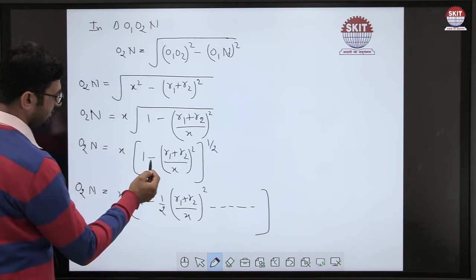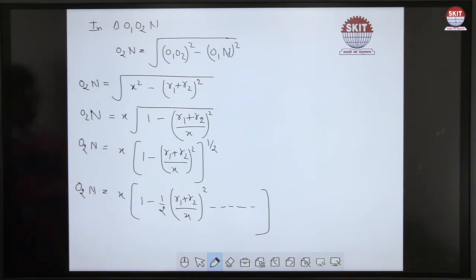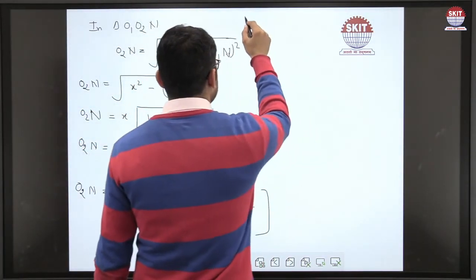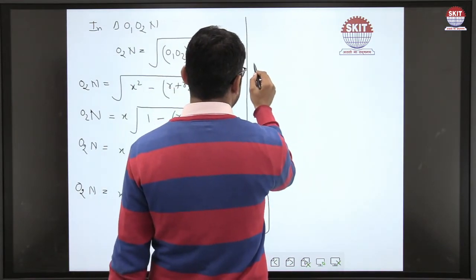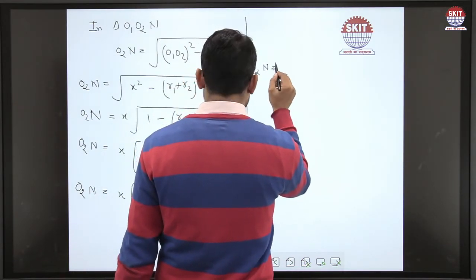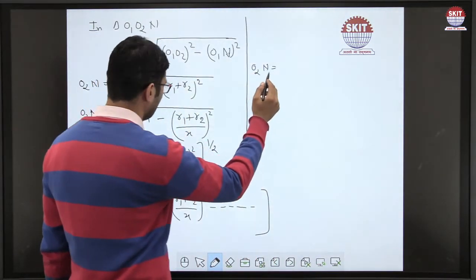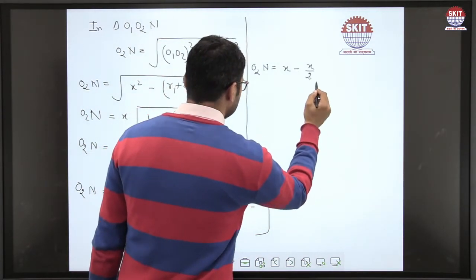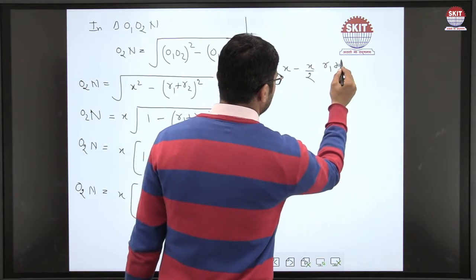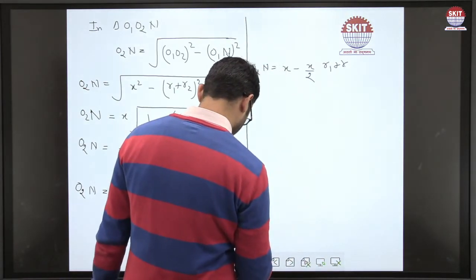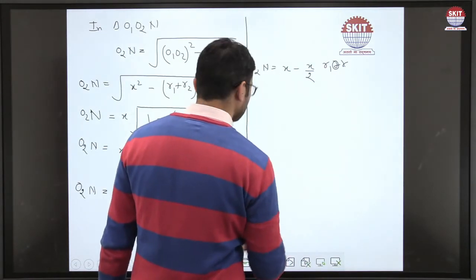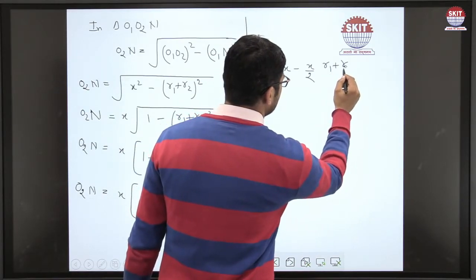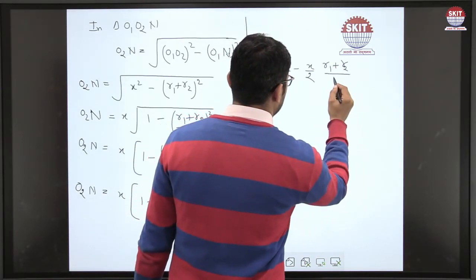If we simplify this again, the value of O2N equals x minus (R1 plus R2) whole square upon 2x.